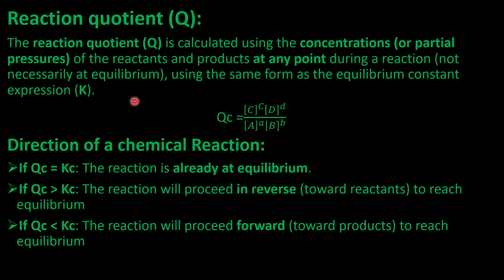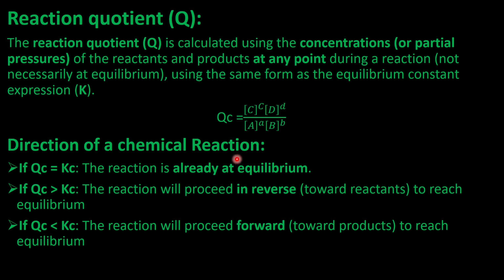Now, what is the difference between a reaction quotient and the equilibrium constant? The equilibrium constant only works for a balanced chemical reaction at equilibrium, while the reaction quotient can be determined at any stage of the reaction. So this is the main difference.